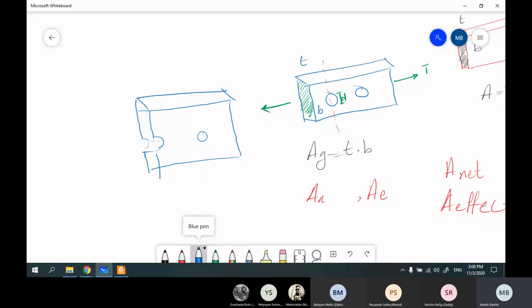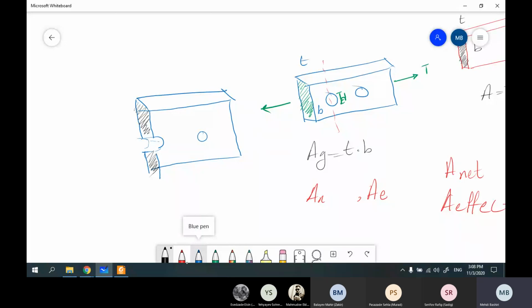Am I right? Yeah. A net is the cross section without considering the holes. We call this A net.